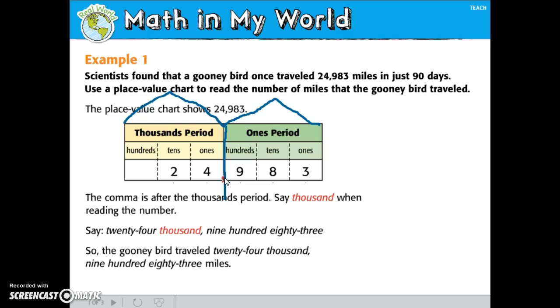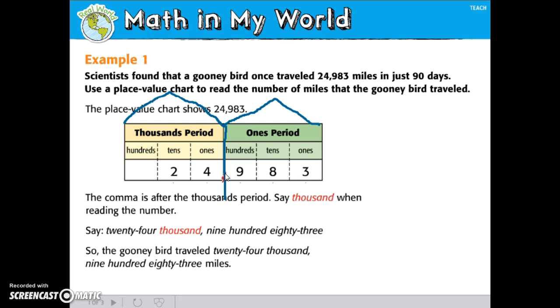I just want you to pay attention to the first house, the thousands period. The number you see in this area is 24. Say 24 like you would for anything else: 24. And I'm walking out the door, heading into the next house, so I have to say the first comma.